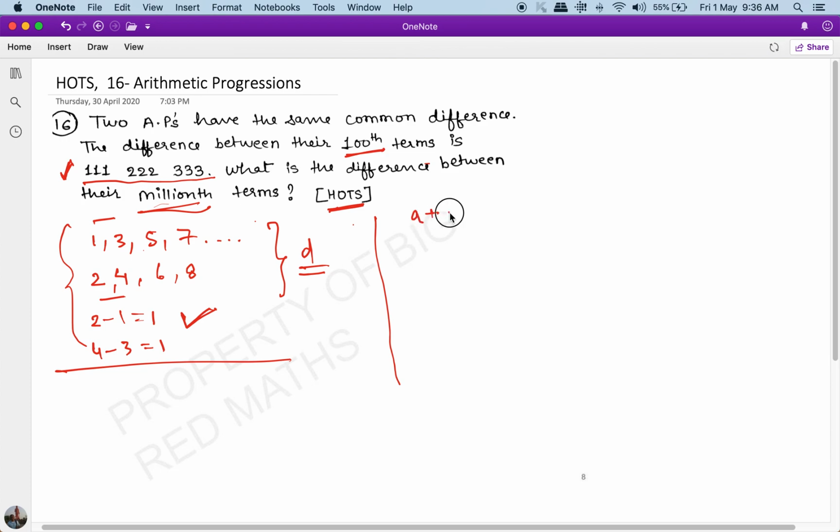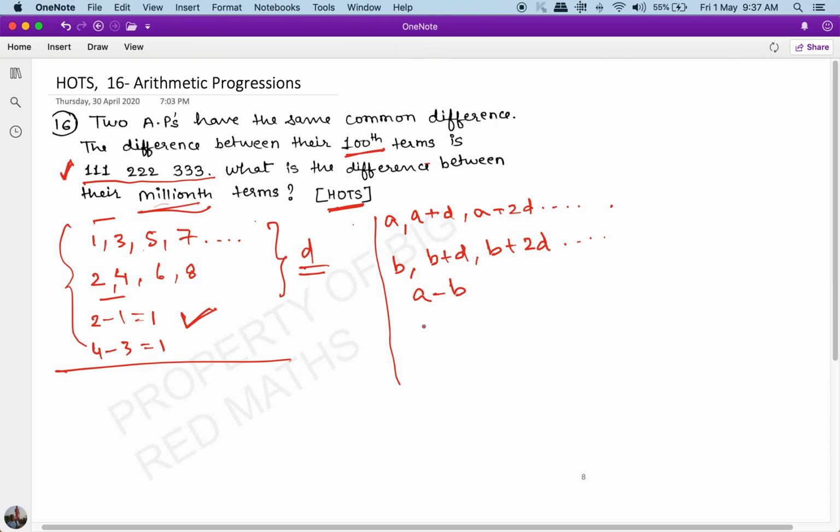This one starts with A plus D, A plus 2D, and so on and so forth. This one starts with B. So this one will have B plus D, because the common difference of two APs is the same, B plus 2D, and so on. Now, if you subtract these two APs, the difference between their first terms is A minus B.